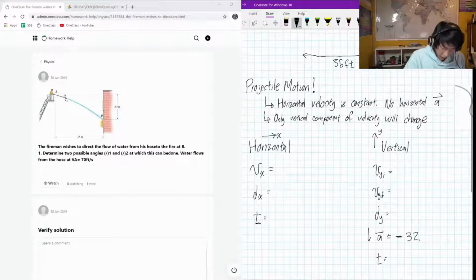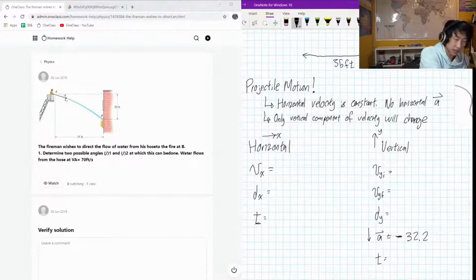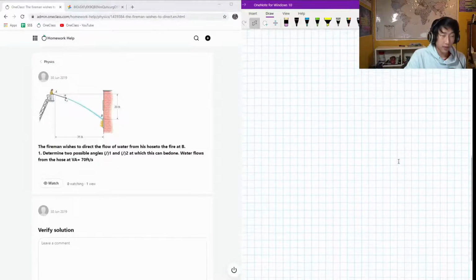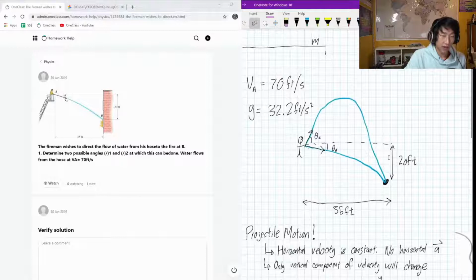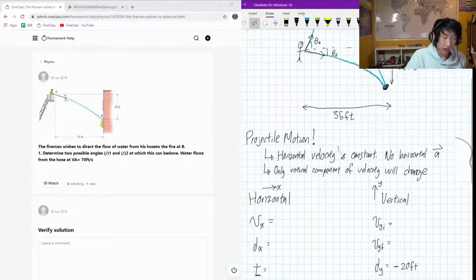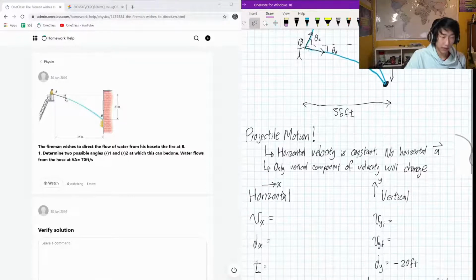I'm from Canada, so we use meters over here. Our distances are given to us from the diagram. Our vertical distance is minus 20 feet, and our horizontal distance is positive 35 feet.